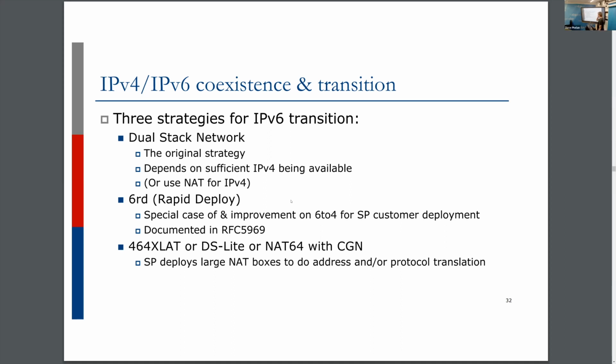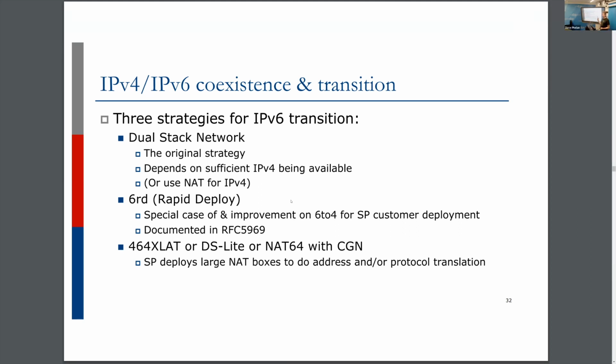There is also in ISP land a technology called 6RD. This one we wouldn't generally recommend outside of an ISP network, and the same with 464XLAT. 464XLAT's really good in mobile networks and in some wired broadband scenarios.